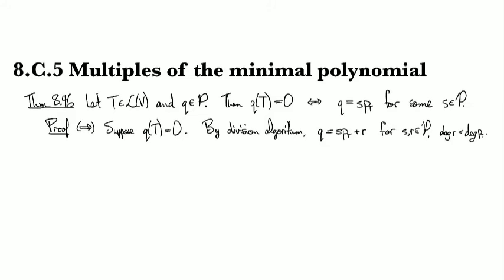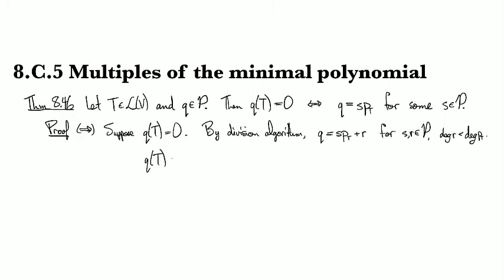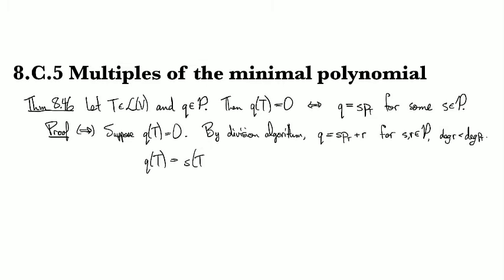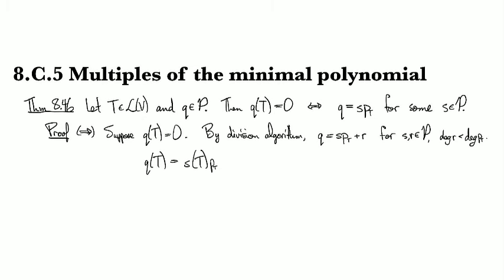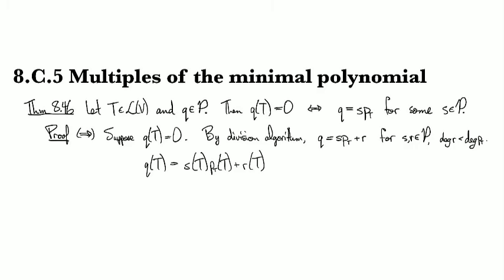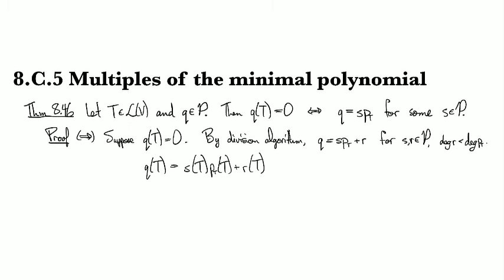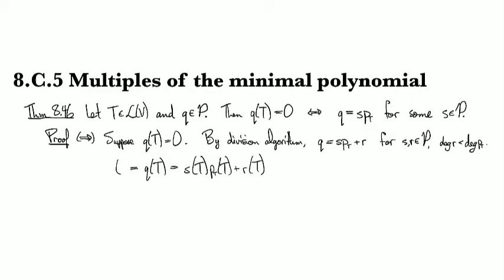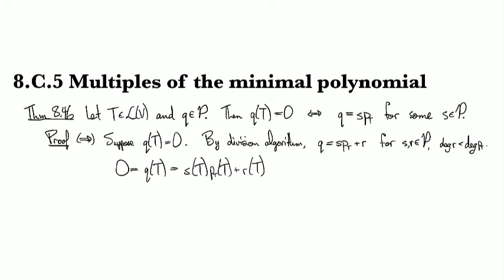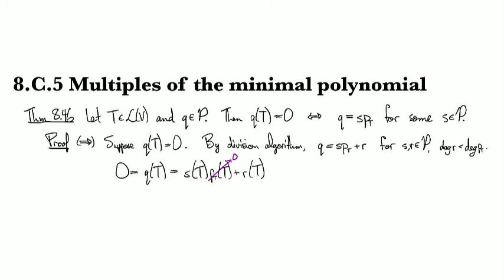Okay, so that means we've got q of T equals s of T times p of T plus r of T. Now on the one hand, we are assuming that q of T is equal to 0. On the other hand, we know that p of T is equal to 0, by definition.